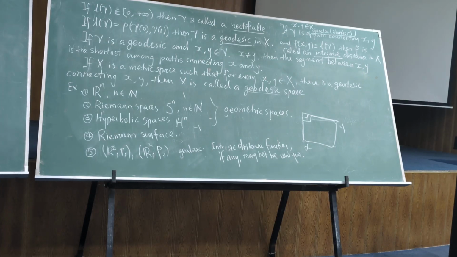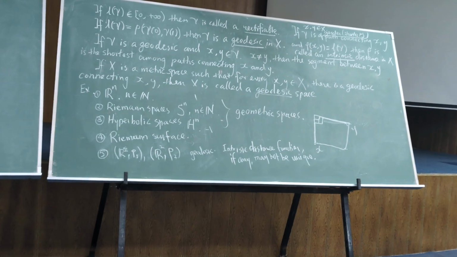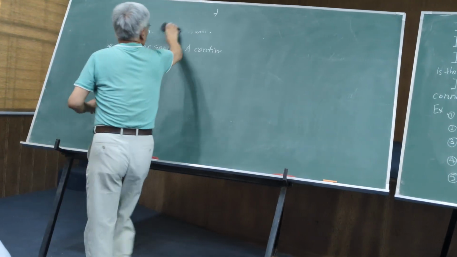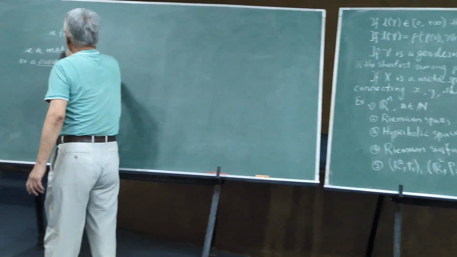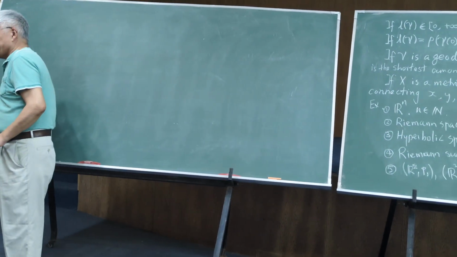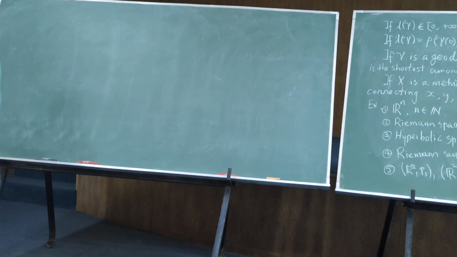Let us consider the Riemannian space of dimension 2, the unit sphere. The unit sphere has a pair of points where there are infinitely many geodesics connecting them.